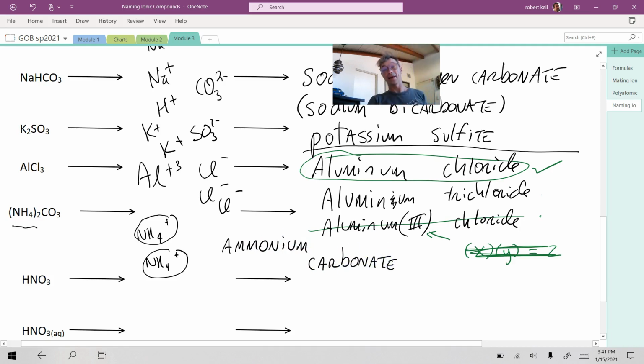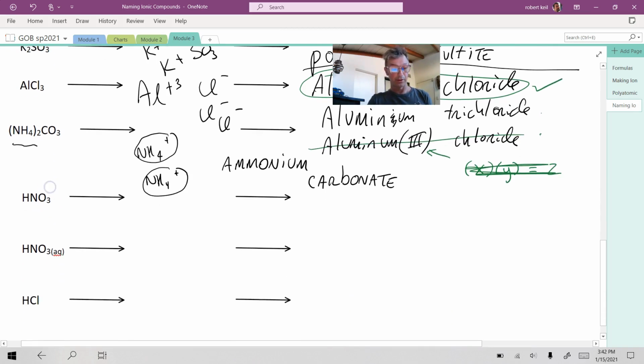So if I ask you, is that an ionic compound? You'd say, yeah, there's a cation and an anion. And if I say, where's the metal? There's no metals. So this is all nonmetals, yet it's still ionic. So you know, chemistry has lots of weird exceptions in it, and this is one of them. So ammonium carbonate. You don't have to call it diammonium, because we know that carbonate has -2.